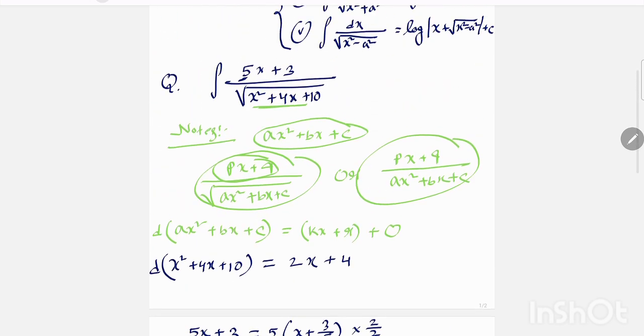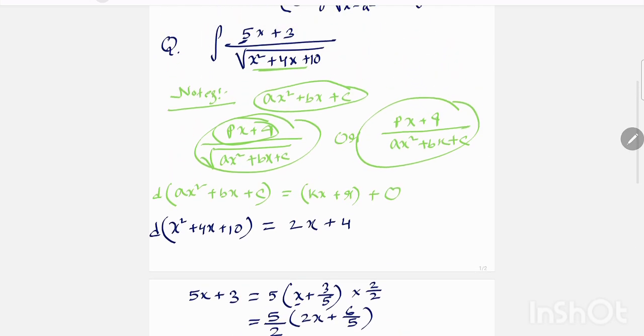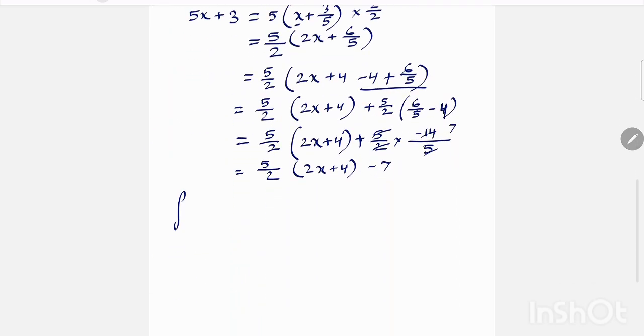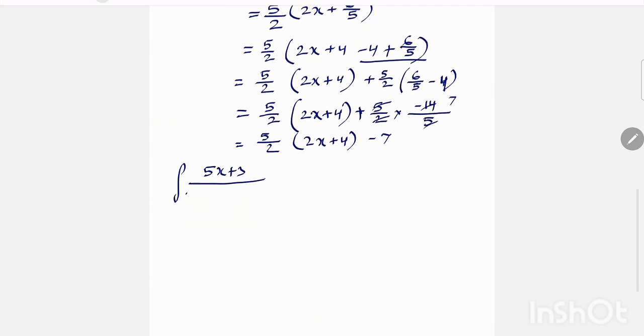Okay, so now write the integration here. Integration of 5x plus 3 over root of x square plus 4x plus 10.